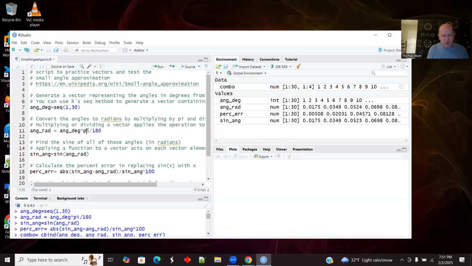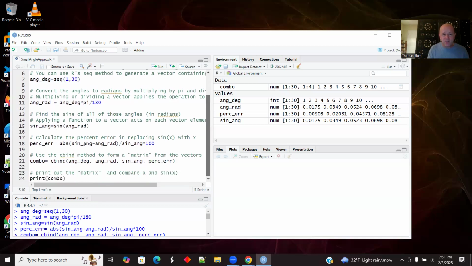So here it was multiplication and division. Here it was taking the sine. Here it was taking one vector minus another divided by a third. I mean, not a third, but one of the vectors again. So I'm taking the difference, I'm taking the absolute value, I'm dividing by a vector, multiplying by 100. But it's simply doing that to every element.